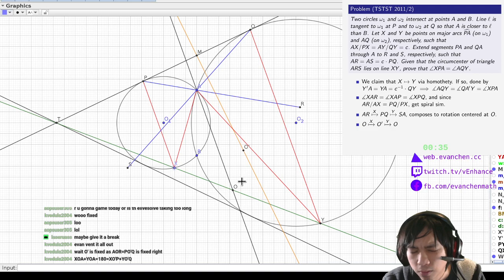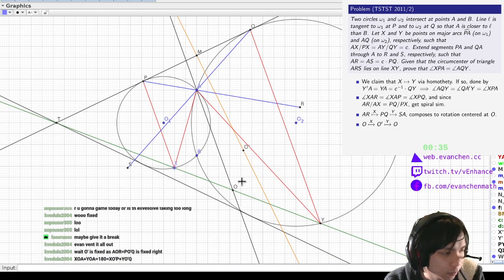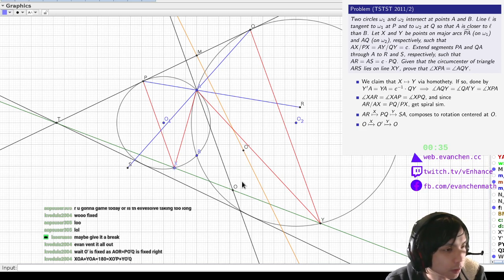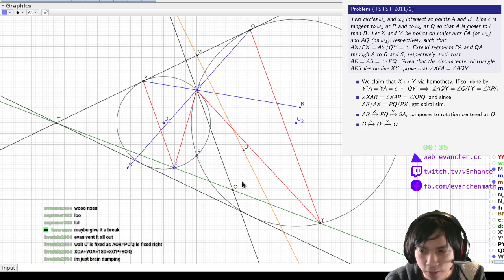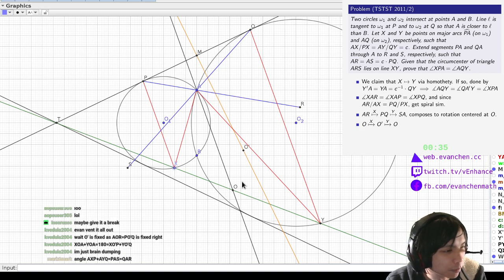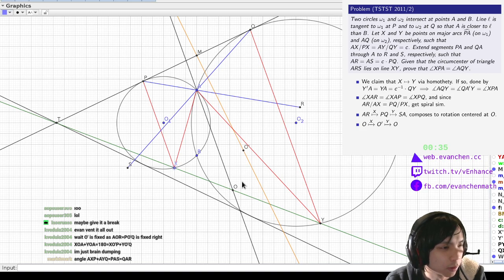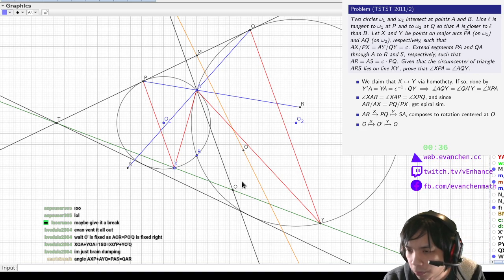Hang on, what? Yeah, so XOA. Fine. So angle XOA by spiral sim is XO prime P, which apparently is equal to YOA. I think the angle dump is the right way to go.